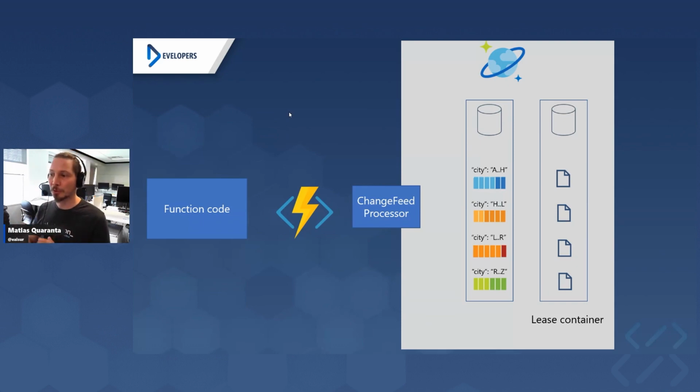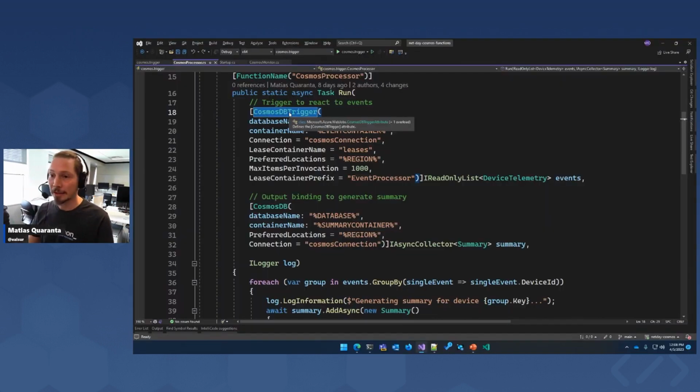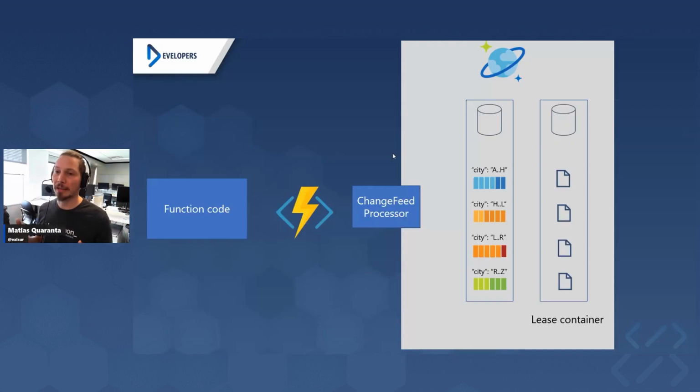So the change feed processor will hook into this change feed on this container, and it will use something that we call the lease container. The lease container is also present here in the configuration, and you need to define this second container where we'll store something we call the lease documents.